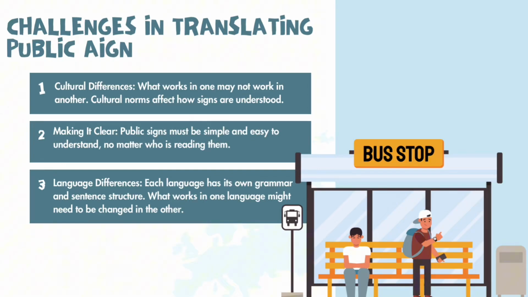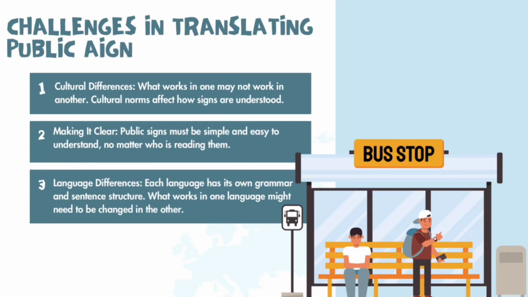Next up, we're going through these challenges in translating public signs. The first challenge is about cultural differences. What do you mean, cultural differences? What works in one may not work in another, like cultural norms affect how signs are understood. The second challenge is making it clear.